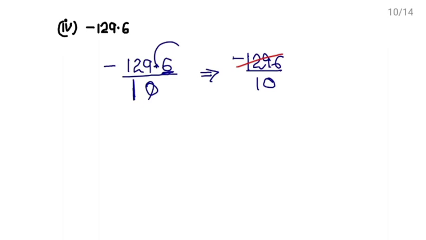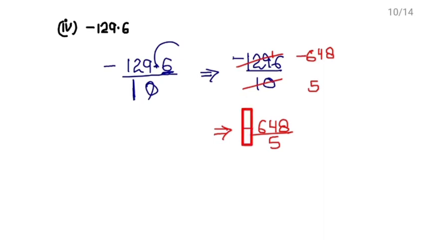Here numerator and denominator both are divisible by 2, so cut them. 2 6s are 12, 2 4s are 8, 1 is remaining, 2 8s are 16, 2 5s are 10. Now this is equals to -648 upon 5. Now the numerator and denominator are not divisible by any same number. It means this rational number is in simplest form.